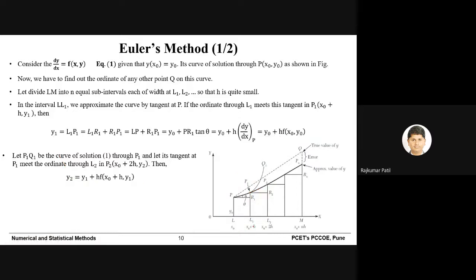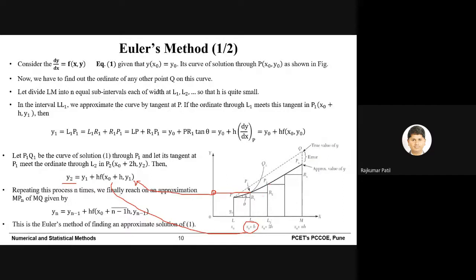So here you can see that in the figure, instead of x naught, you will see x naught plus h, and instead of y naught, you will see here the new value as y1. So this is how you can calculate the value of y2.